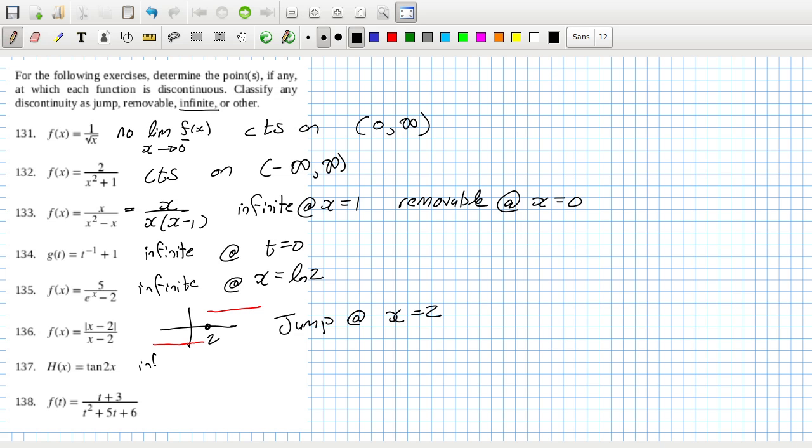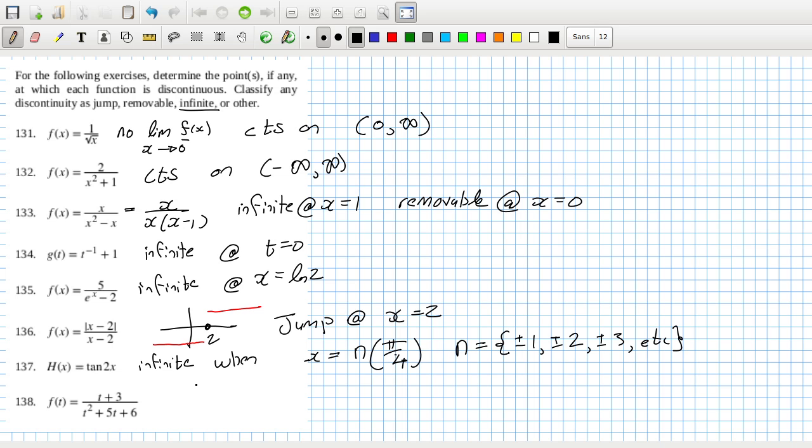This one is infinite when 2x equals n times pi over 2, where n is odd numbers like plus or minus 1, plus or minus 2, plus or minus 3, etc. So if I just divide by 2, I can make that 4 then.